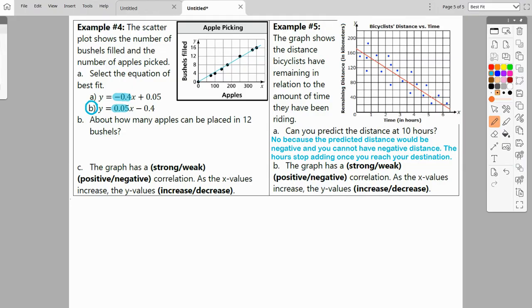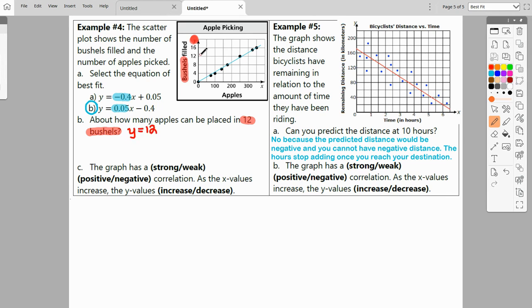About how many apples can be placed in 12 bushels? So right away, I want to see what 12 bushels represents. And that's going to be looking at the label of the y-axis. So right away, I'm looking for when y is 12.